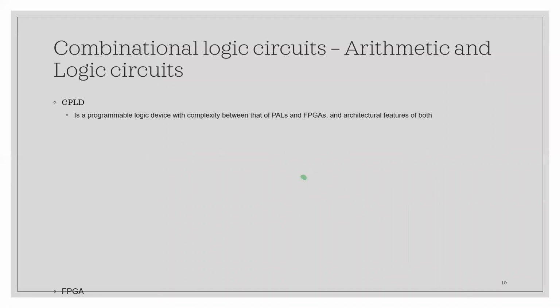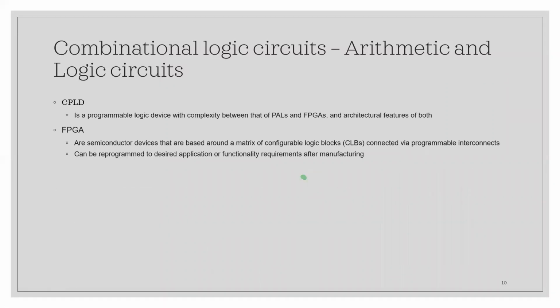So coming down to the next part, I suggest you go through some detailing of FPGAs, because you are using it. Just check out what FPGAs are. Then for the next class, I want you to get some comparisons between CPLD and FPGA.